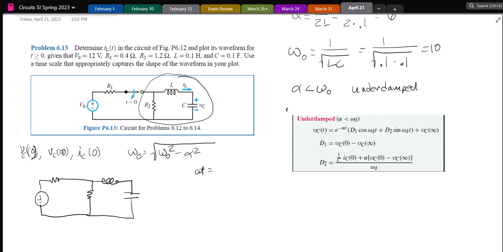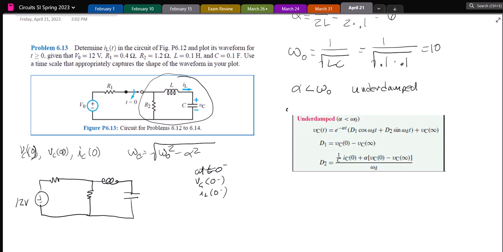You might not need both of them directly, but you probably do need them both to find something at 0. So at t equals 0 minus, let's find VC of 0 minus and IL of 0 minus. Even though IL was not one of the things that it said we needed to find, let's go ahead and find it.